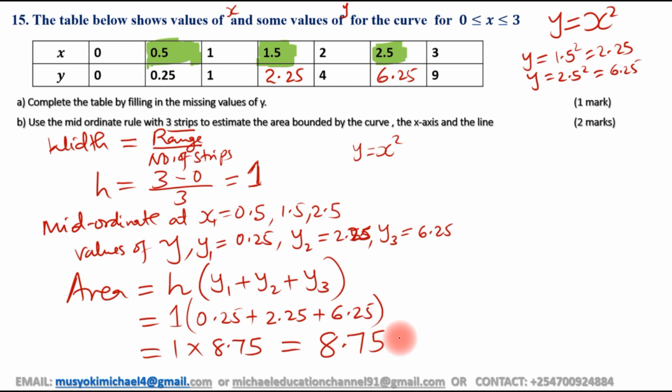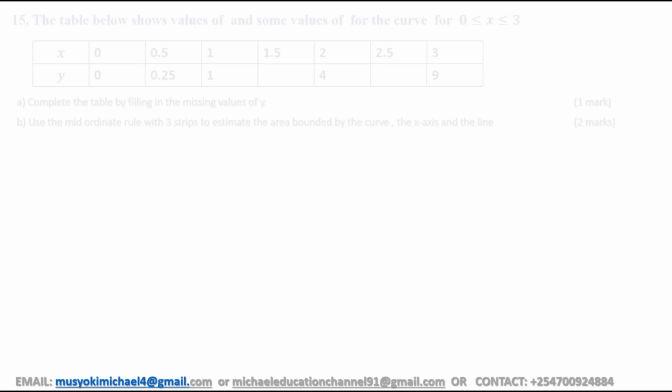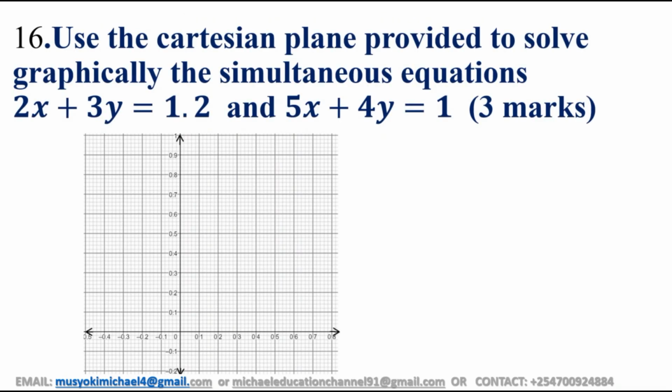So if you work it out, you get 1 times 8.75. You end up getting 8.75 square units, and that is the area bounded by the curve, the x-axis and the line.